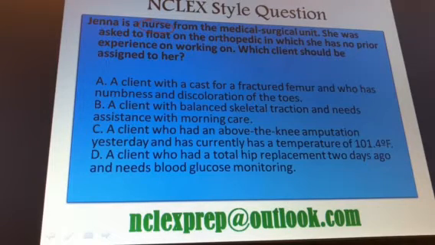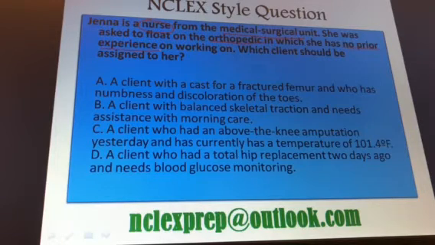She is working on a medical surgical unit, and she was asked to float to the orthopedic unit, which clearly indicates that she has no prior experience. This is very important. Which client should be assigned to her?